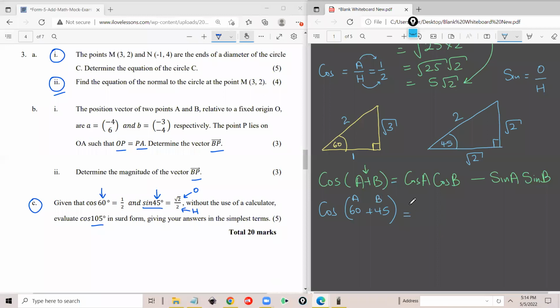B. So you just throw it into the formula, right? So you get cos 60 multiplied by cos 45 minus sine 60 sine 45. So you just need to figure out the values for cos 60, cos 45, sine 60, sine 45. And that's pretty much it.